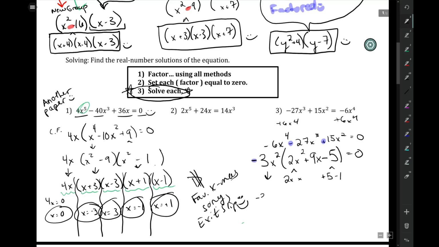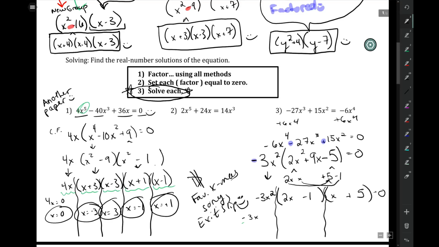Don't forget about negative 3x squared out front. And my factors, so these are factoring skills from way before. The 2x is going to need to go to the 5, and the x is going to have to go to the negative 1. Here are my chunks to solve.